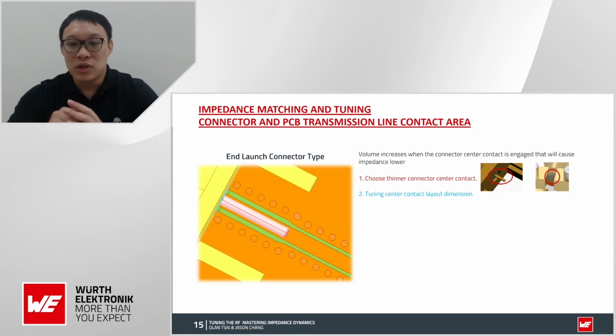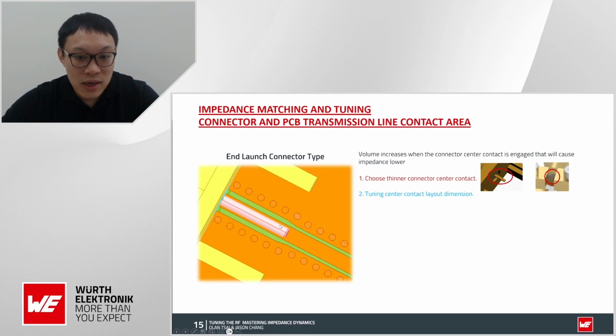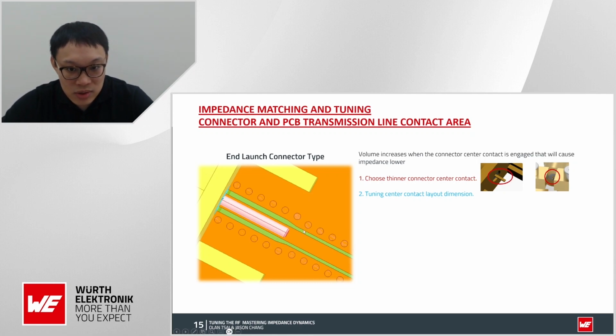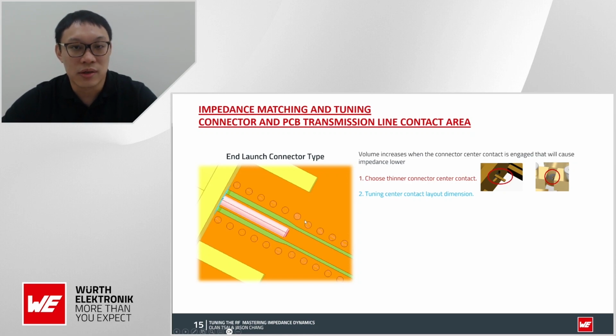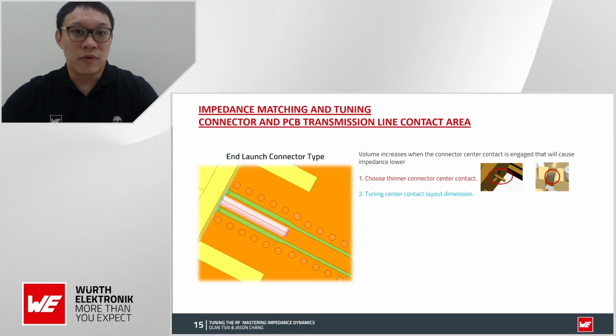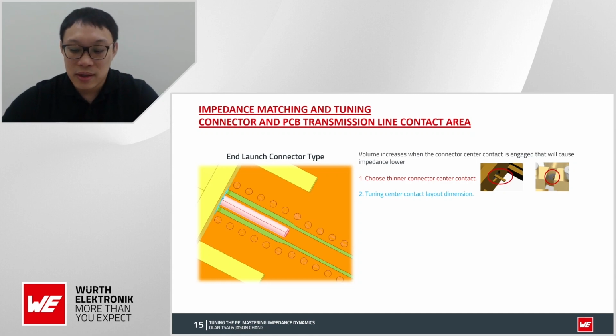And also, what you can do is tune the center contact layout dimension. In this picture here, you can see closely with the mouse that we already make the trace go from wide and become a little bit thinner slowly with a distance. This is something you can consider that would be helpful to get you a better matching result.